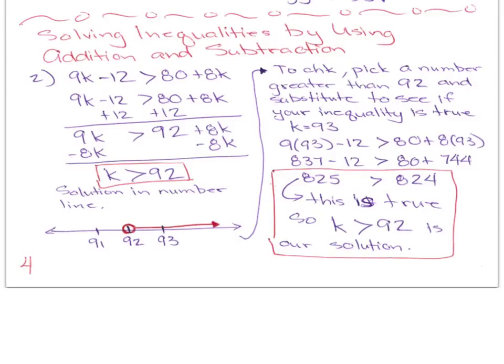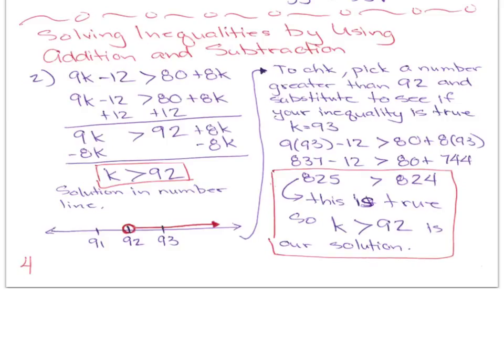Now on your test, you may be asked to graph this inequality right here. To graph this inequality, notice that you have k is greater than 92. So you're going to draw your number line. You're going to mark where 92 is. I mark the other numbers right here so that I just know which way is less than 92 and which way is greater than 92.